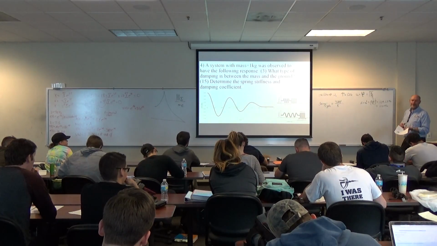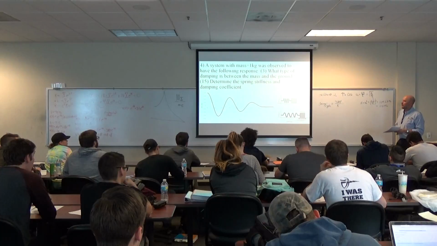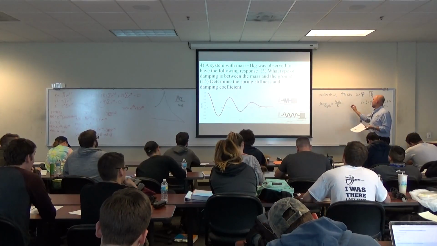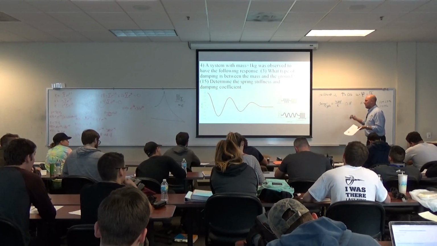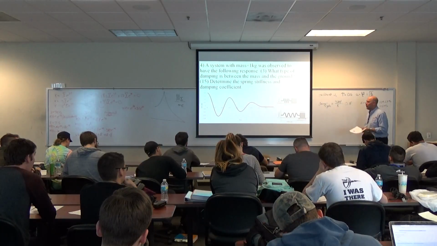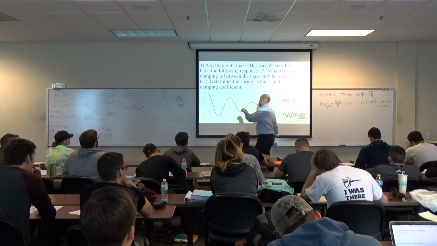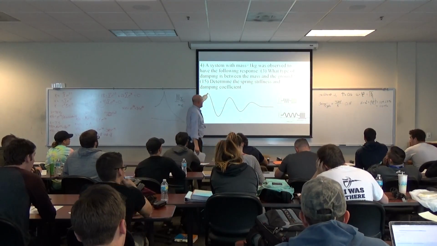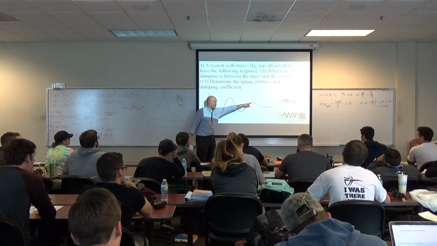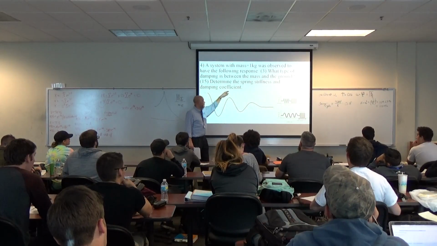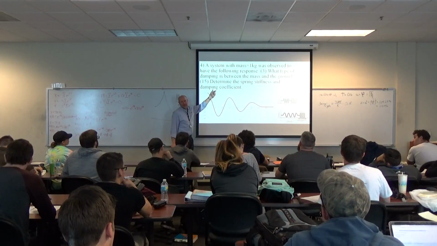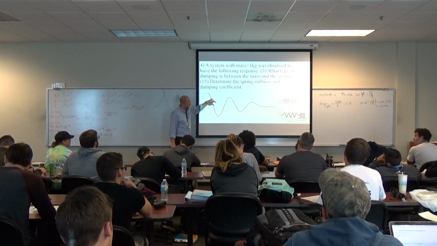Looking at the plot, 0.15. Where do we get that? Well, we start at 4, 2 cycles later we're at 1. So in 2 cycles we go down 0.3, so in 1 cycle we go down 0.15.